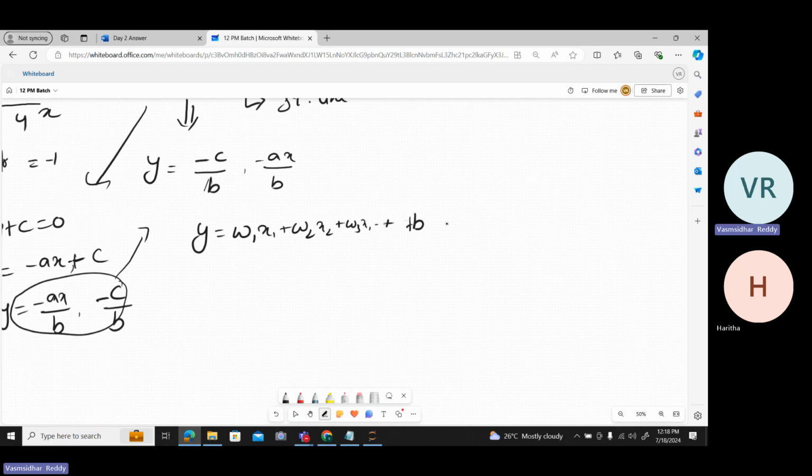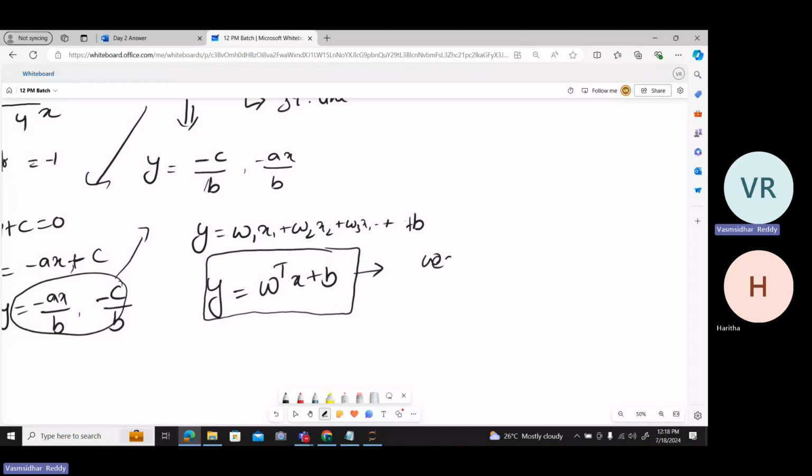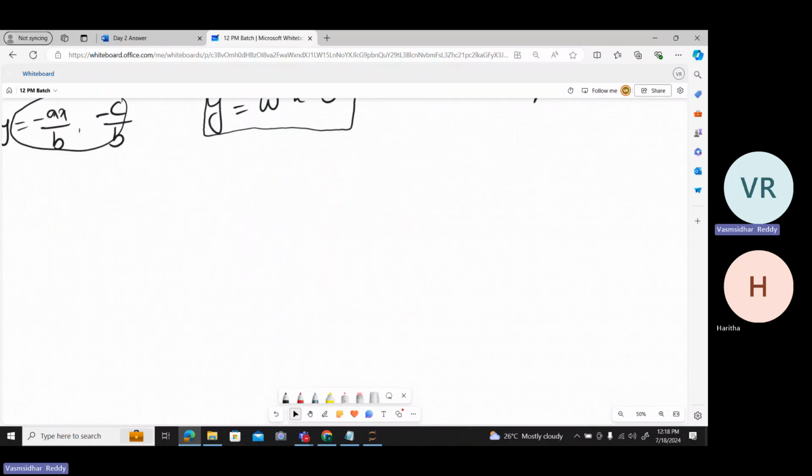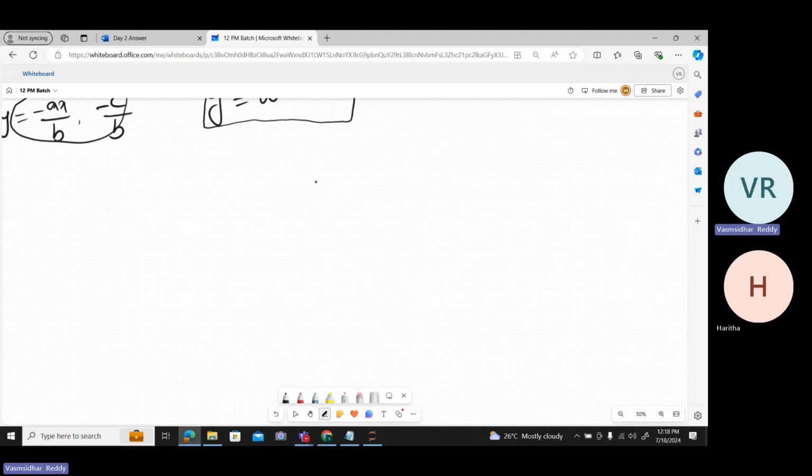In short form, we can write it as w transpose x plus b, where we have both vector and magnitude.